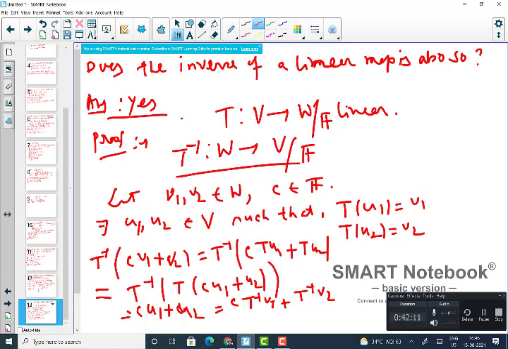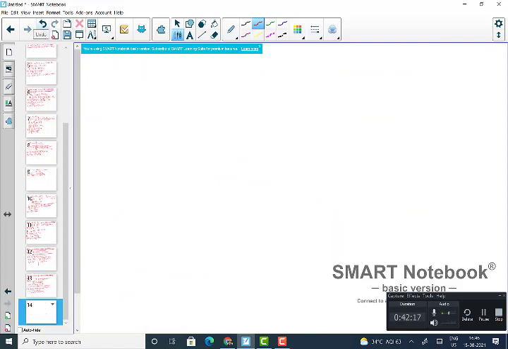Now again you can ask the same question: what will be the matrix of the inverse of a linear map? Automatically the answer will be exactly the inverse of the matrix. So what does that mean?